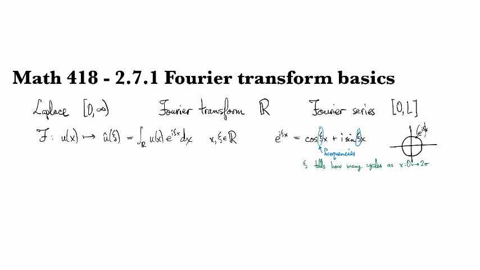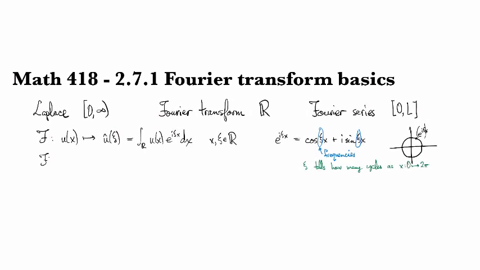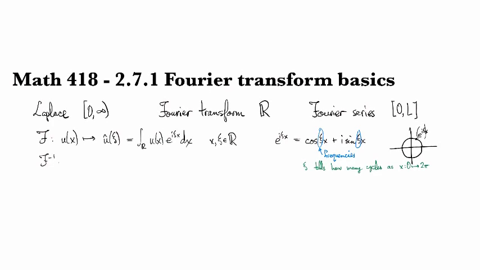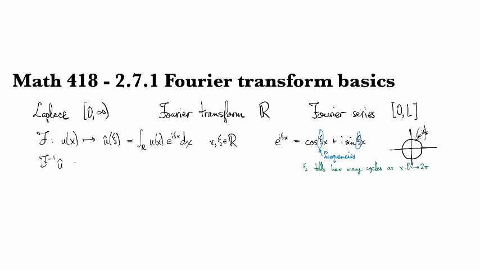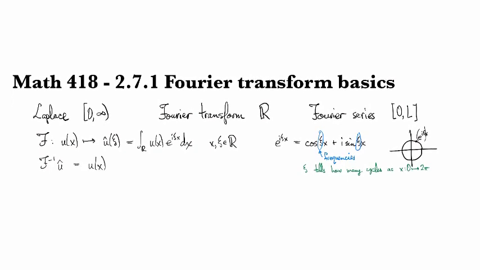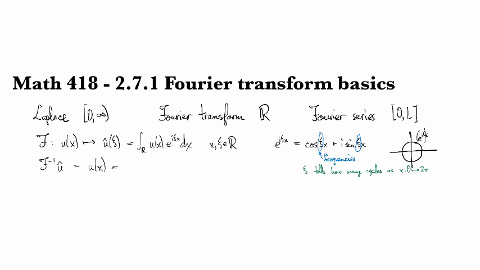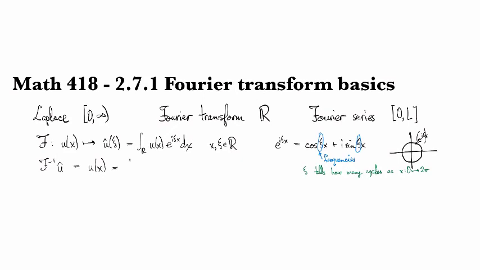One of the nice things about the Fourier transform is that the inverse transform is relatively simple. It's less difficult to deal with, for example, than the inverse Laplace transform. We recover u from u hat by doing essentially the same thing.